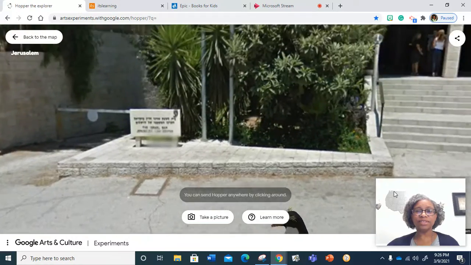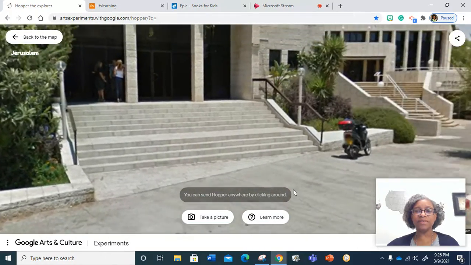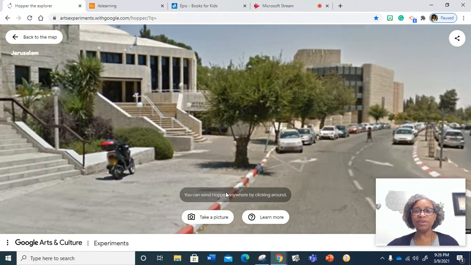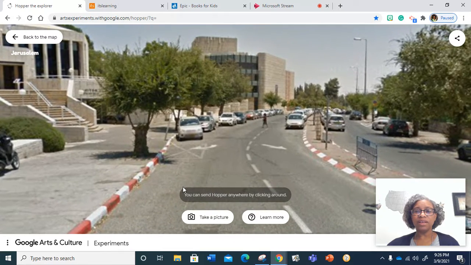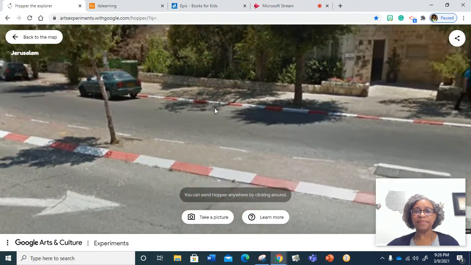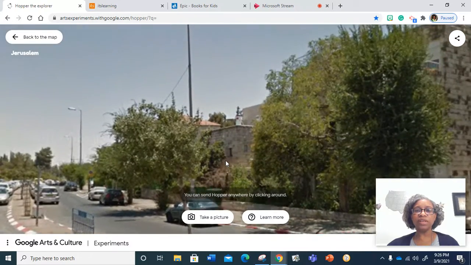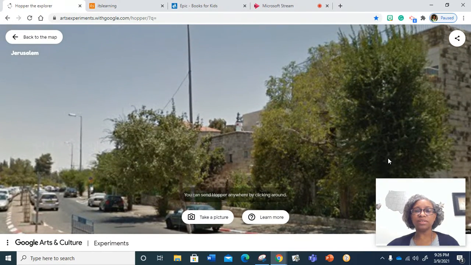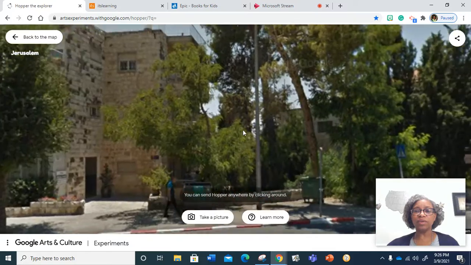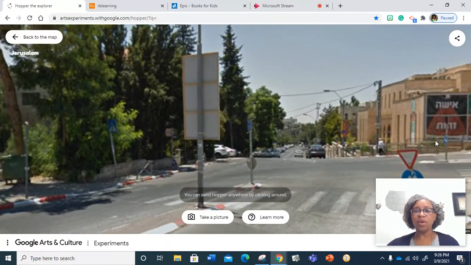Let's see. Oh, the street's lovely. Oh, there's some of the residents of Israel. Wow. Their streets are sort of like ours. Look a little crowded. The buildings look older, though. Look at these buildings. Of course, Israel's a lot older than the United States.